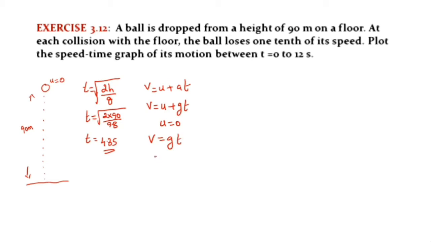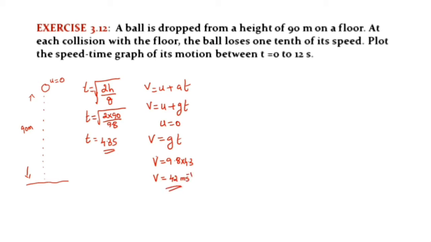Or we can write here the final velocity v is equal to 9.8 into how much time is taking to reach at the bottom? 4.3 seconds. So what is the final speed when it is just before hitting the ground? If you calculate this value, you will be getting approximately 42 meter per second.